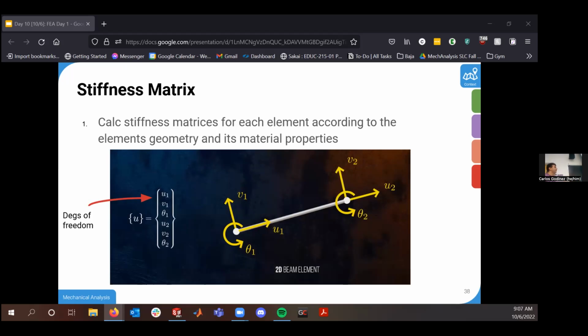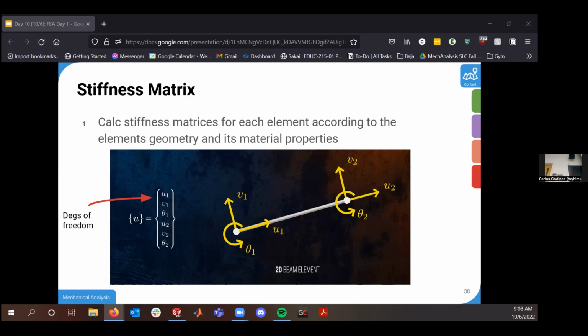Step 1 is calculating the stiffness matrix. To start with the stiffness matrix, for each node I'm going to have a U vector, and the U vector is going to be all of the degrees of freedom in which I can move about a specific nodal point. So for this 2D stress element right here, where I have a beam, for each one of these nodes I'm going to call this U1 and U2.